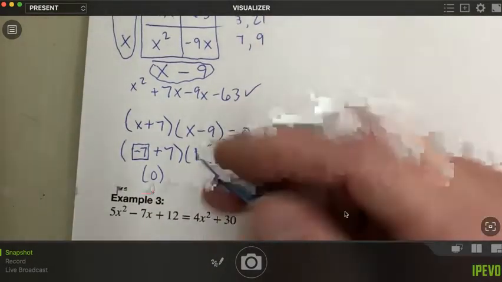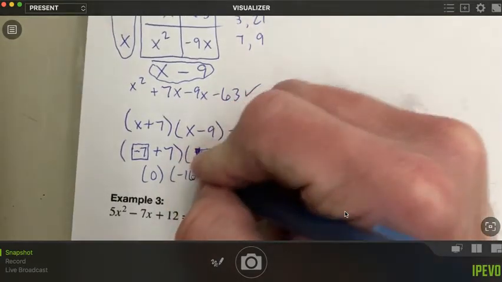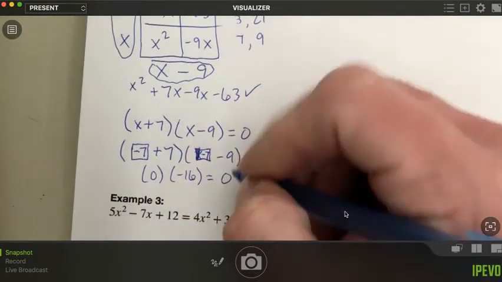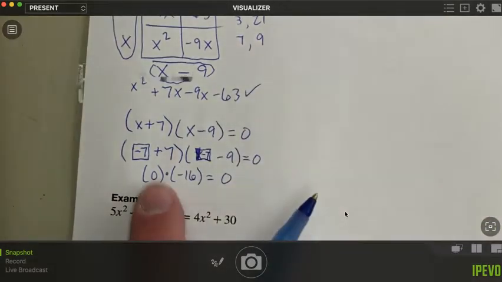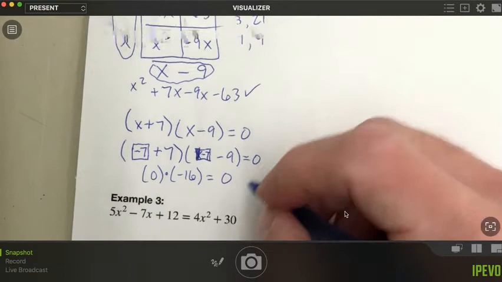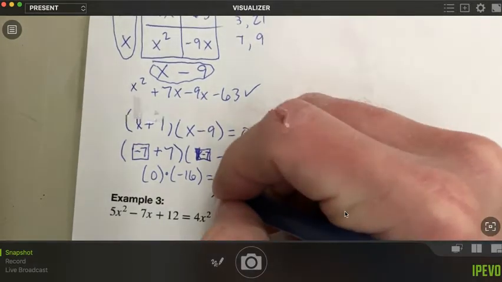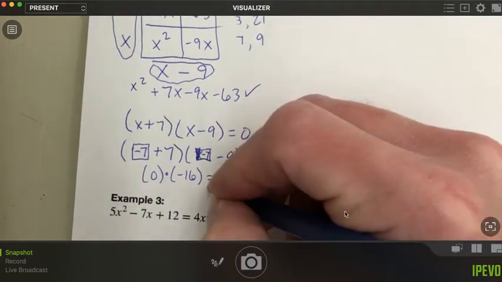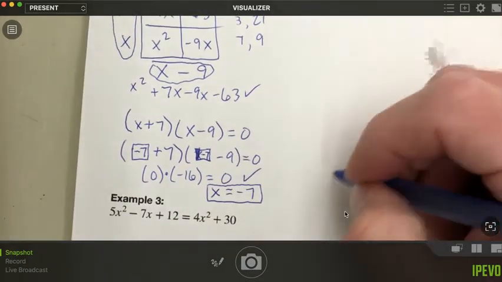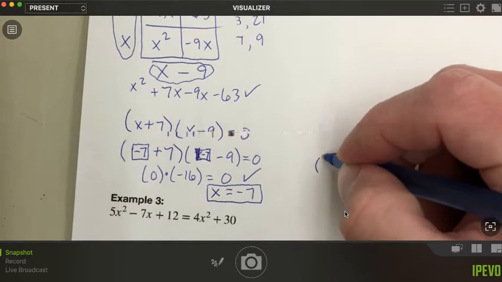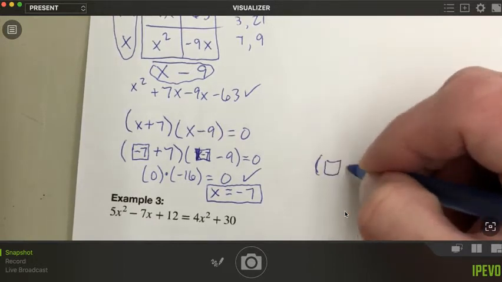Negative 7 minus 9 is going to be negative 16. And remember, our original property says 0 times anything is 0. And so this ends up checking out. So if x equals negative 7, that's one solution. In another possible case, let's go back here.